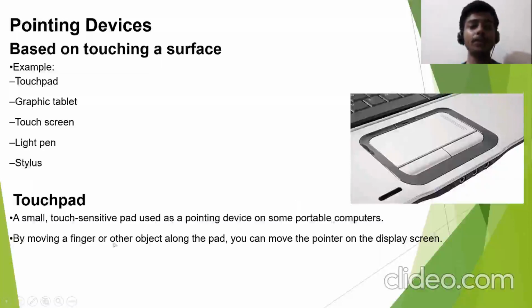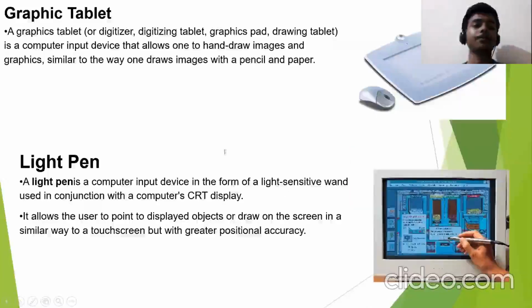By moving a finger or other object along the pad, you can move the pointer on the display screen. Next, graphic tablet. A graphics tablet is a computer input device that allows one to hand draw images and graphics similar to the way one draws images with pencil and paper.